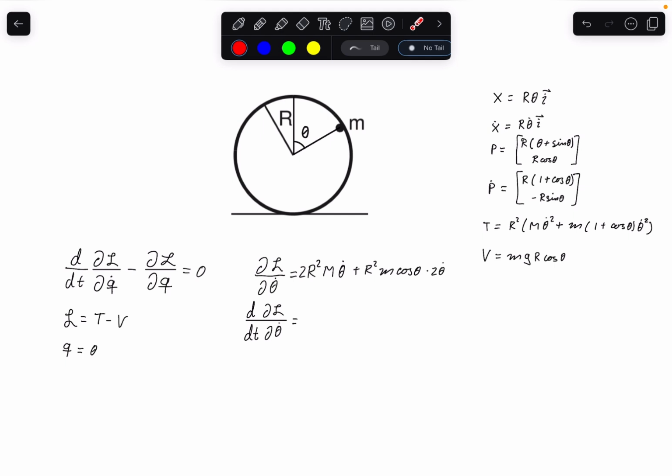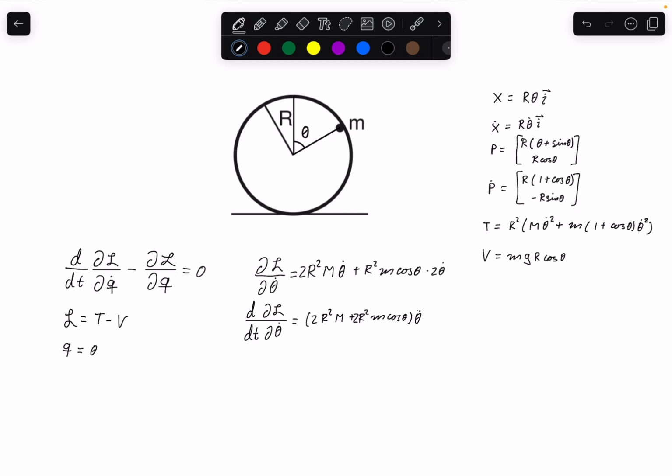Now when we take the derivative of this with respect to time, we first take the derivative of this theta dot, and then the cos theta. So this should be equal to 2 r squared m, plus r squared m cos theta, and I forgot a 2 here as well, then the derivative of theta dot, which is theta double dot.